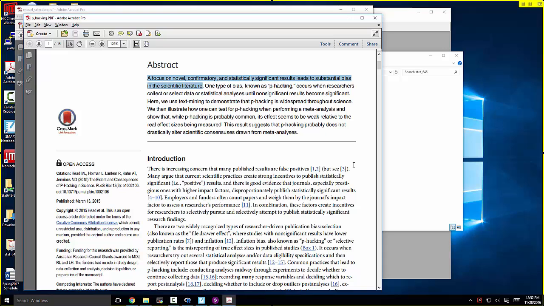It's unfortunate because suppose you do an experiment and you're looking at the effect of some intervention, a diet or something, and you get an insignificant p-value.